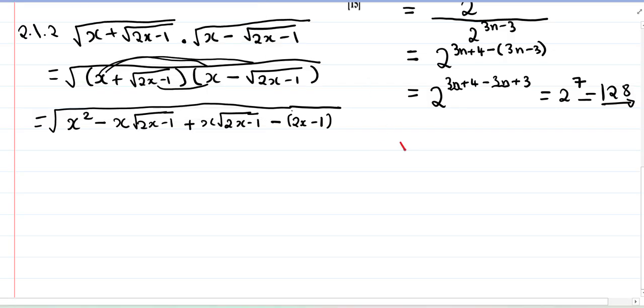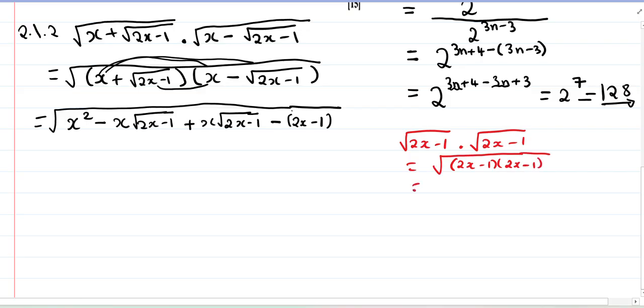So it means that the square root of 2x minus 1 multiplied by the square root of 2x minus 1 is the same as writing it under one square root and multiplying 2x minus 1 by 2x minus 1. So this is the square root of 2x minus 1 squared, meaning that this cancels these ones out and then we are left with 2x minus 1. I hope it makes sense.